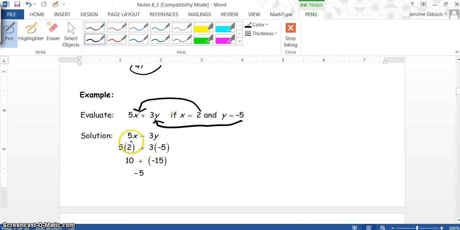So now we multiply. Well, first of all, let's look at the parentheses. There's nothing we could do inside these parentheses. There's no exponents available. So we only have multiplication, addition, and multiplication. So we multiply. 5 times 2 is 10. And then we take 3 times negative 5, which is negative 15. 10 plus a negative 15 is negative 5.